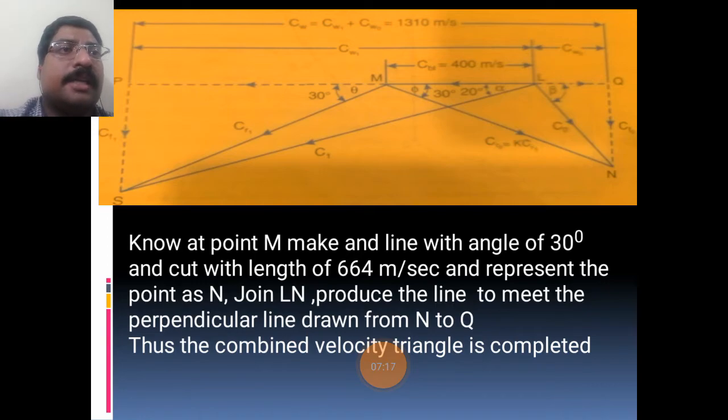With an angle of 30 degrees, construct a line, and cut on the line with the length of 664 meter per second, and represent it as point N. Now join the line LN, join L and N. Produce the line meeting the perpendicular line drawn from N to Q. As the procedure done in the left direction, the same procedure has to be done in the right side direction. So by constructing this, the final combined velocity triangle is done.